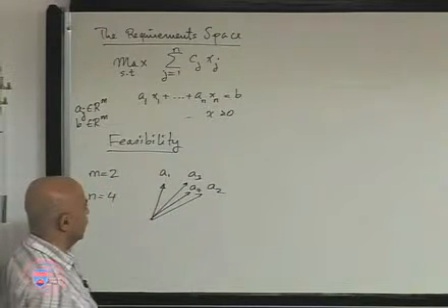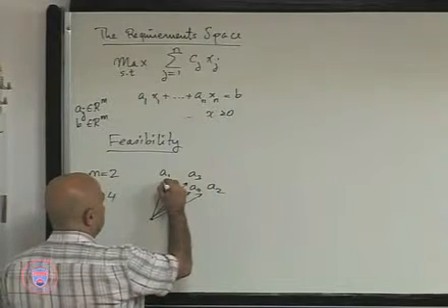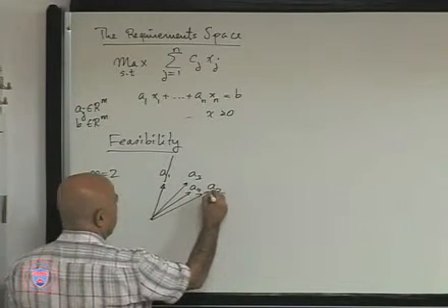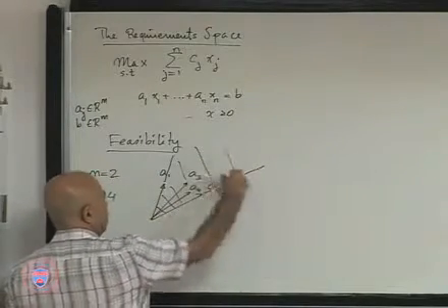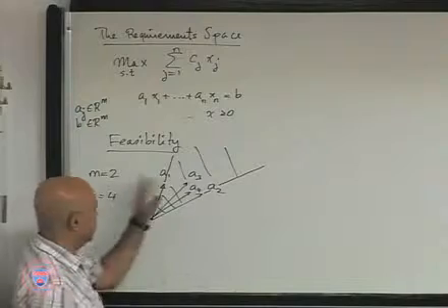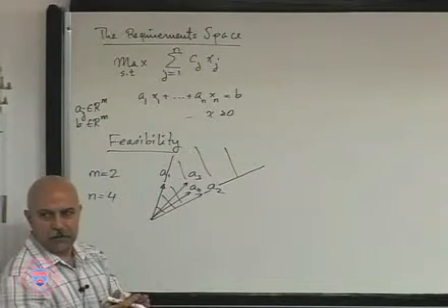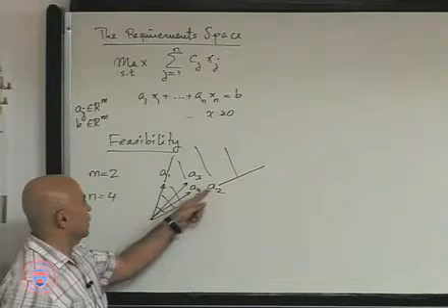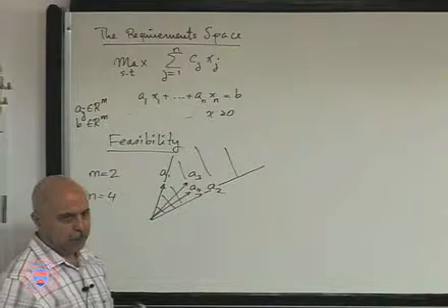So that will only be possible if B belongs to the cone that you see here. That's the non-negative cone that can be generated. Any point in this cone can be generated by taking non-negative multipliers for each of these vectors. Okay?